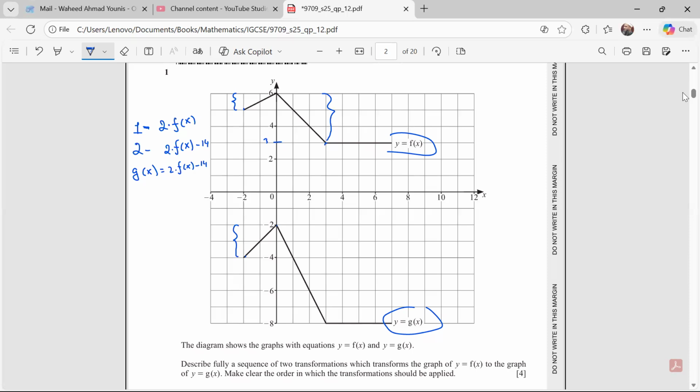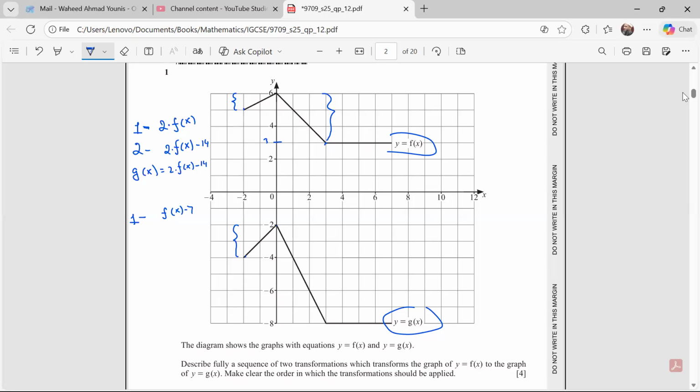Second way is that I will bring this f(x) down by 7 units. So the first transformation would be f(x) minus 7.